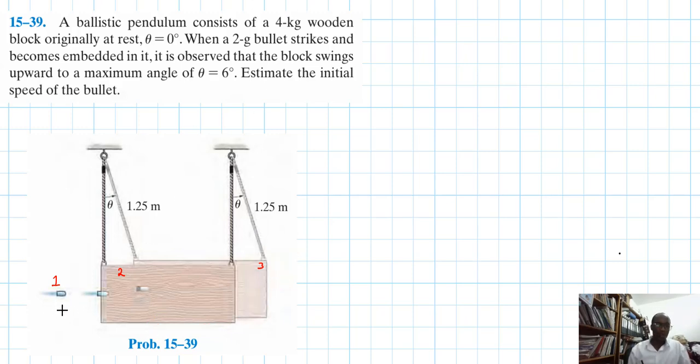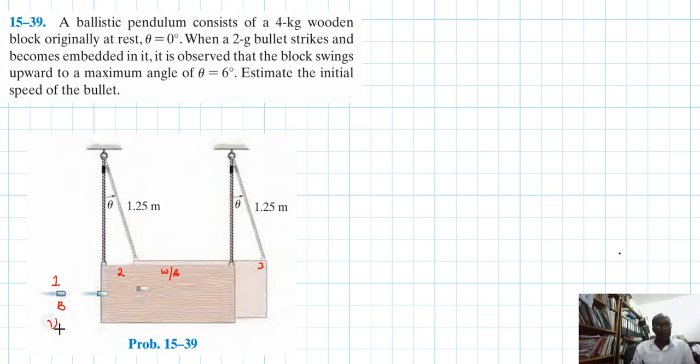Thank you. So let's call this B for bullet, and then this combination, bullet and wooden block, WB. So what do we have here?